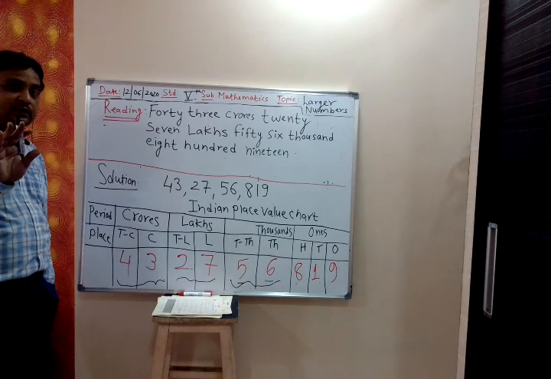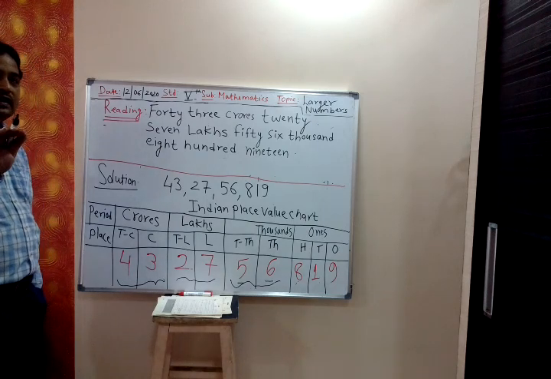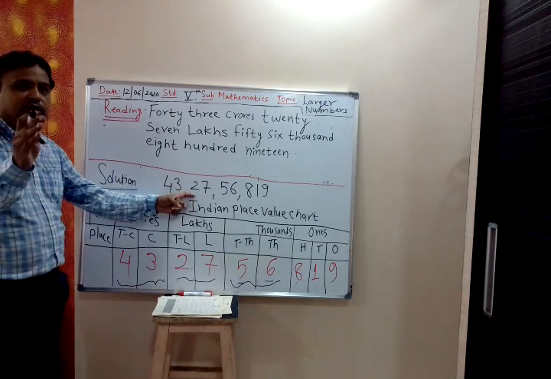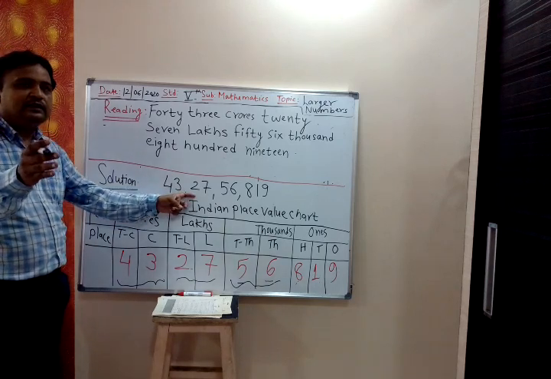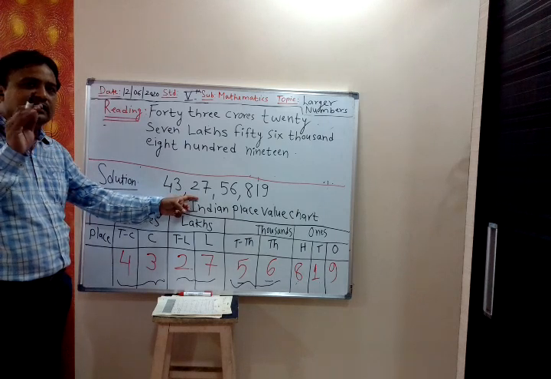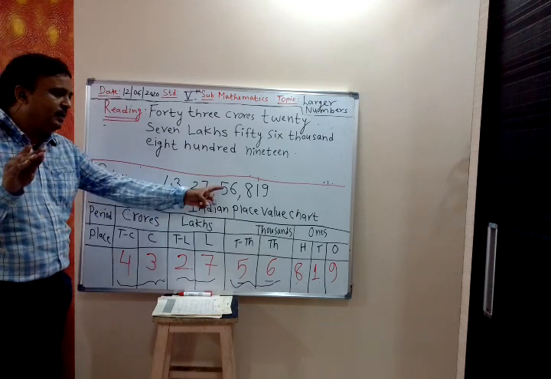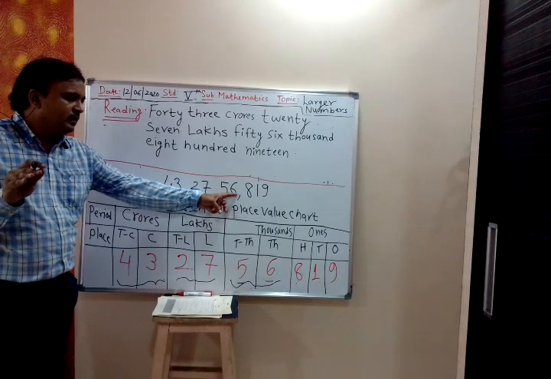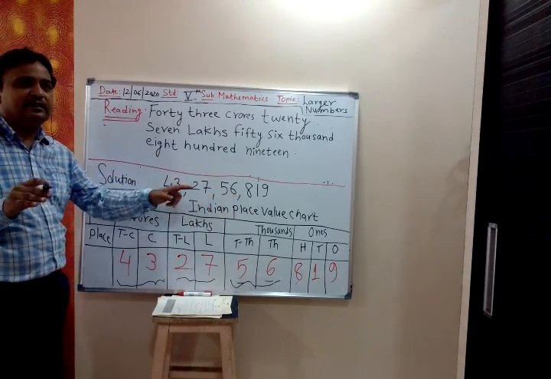See, if there is no comma in this number, you will not come to know whether it is the Indian system of numeration or the international system of numeration. So when the comma is there, I can identify which system it is given in.